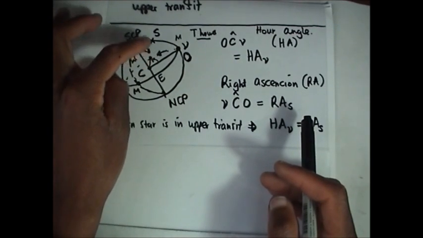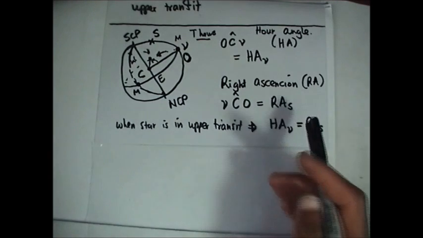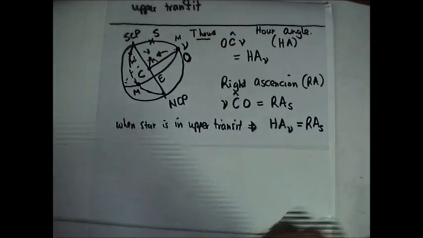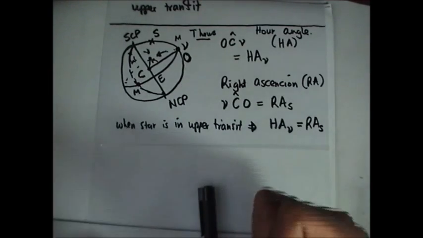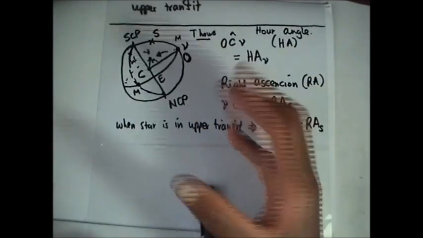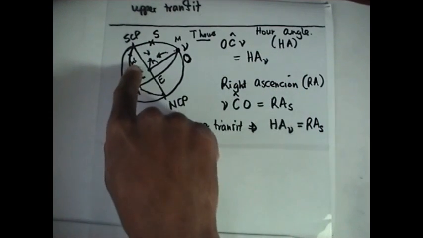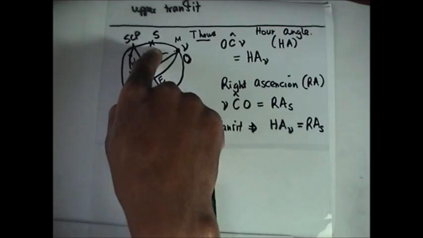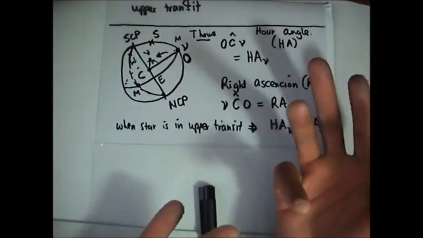And when V is at this point, that is when S is in upper transit. Every star has its associated sidereal time, because as V rotates, giving us a new sidereal time, another star will be in upper transit. As V rotates again, another different star will be in upper transit. So every particular star has its own associated sidereal time.